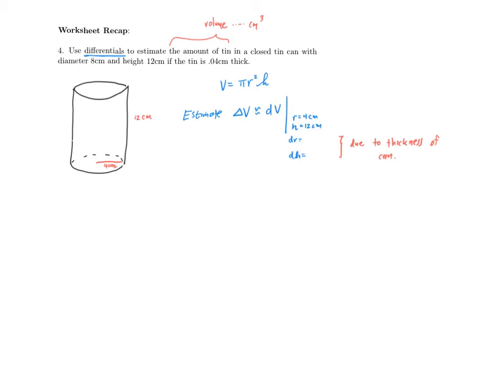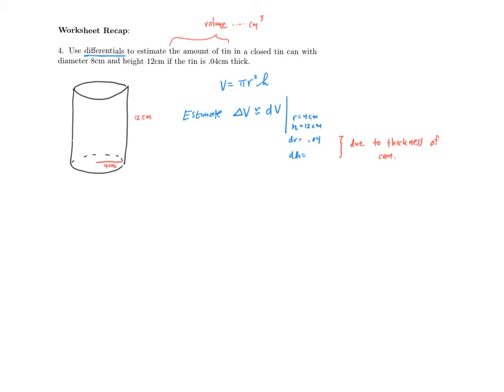Okay, so going back to this picture we have, which is very telling, the thickness is associated to the can itself. So if we look at the radius, that thickness really only corresponds to one side of it. So the dr, the small change in radius due to that thickness, would simply be 0.04.